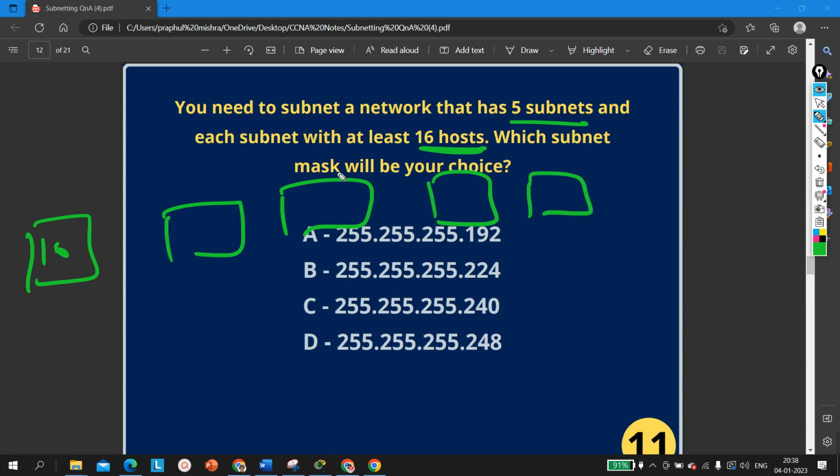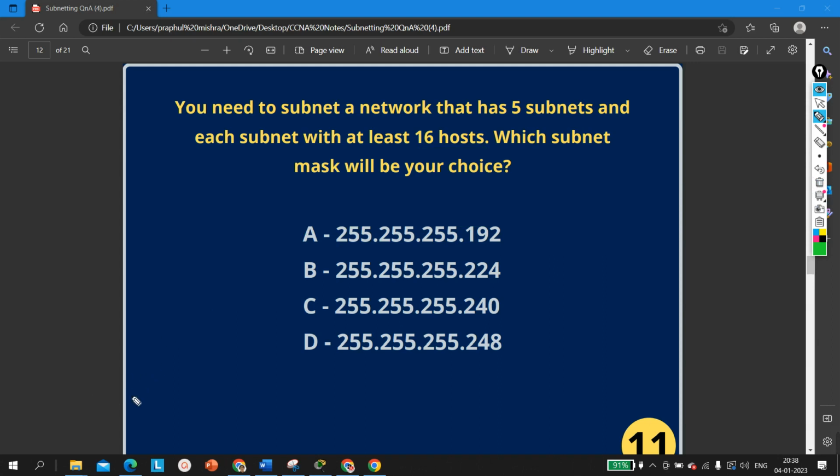Which subnet mask will you use, or what will be your choice? Here we need 5 networks and in each network we need a minimum of 16 IP addresses. So what subnet mask will you use? Guys, again, the formula to find the number of networks is 2 to the power n.